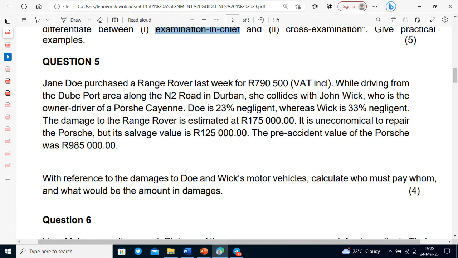And always, it is a must, the pre-accident value is going to minus the salvage value, always. So in this case, the damages done on Jane's Range Rover is 175,000. Jane cannot pay this amount. This amount has to be paid by John, but we have to make John pay based on his percentage, which is 33%.